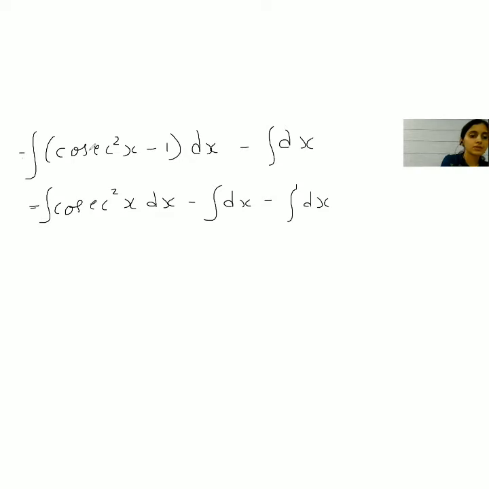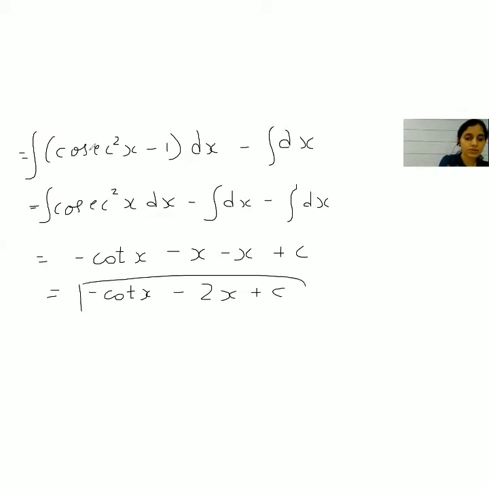So what do we get? Integration of cosec square now? It is minus cot x from the formula, minus x plus c, which is minus cot x minus 2x plus c, okay. This is for the fourth sum.